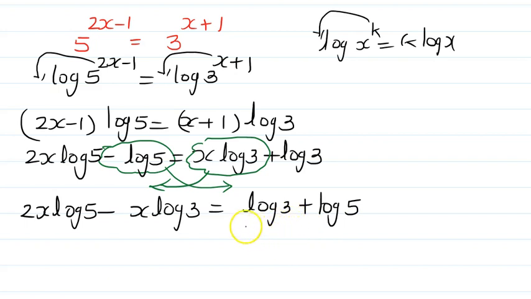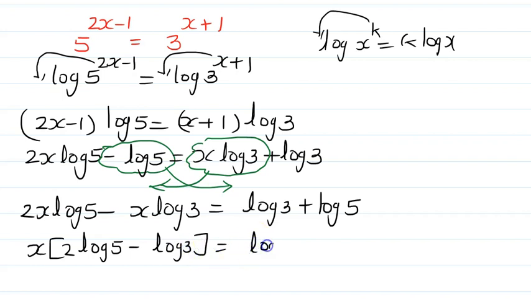Now if we take x common, it will be x times 2 log 5 minus log 3 equal to log 3 plus log 5. Now divide by 2 log 5 minus log 3.